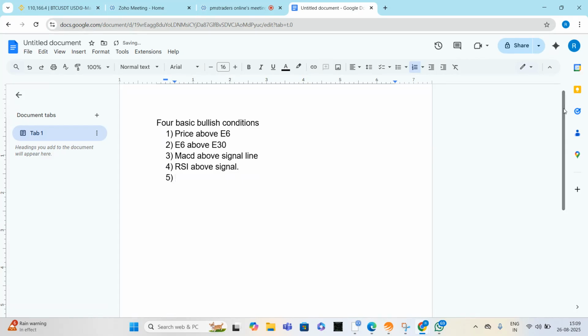And vice versa, there are 4 basic bearish conditions. Price below E6, E6 below E30, MACD below the signal line, RSI below the signal line.